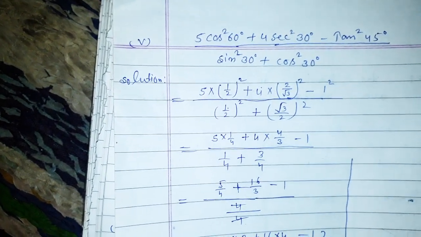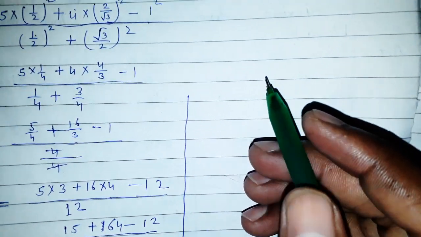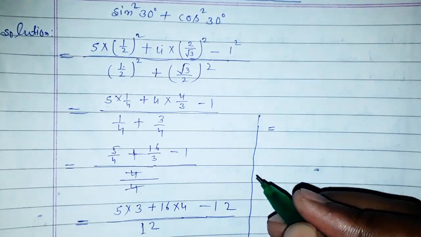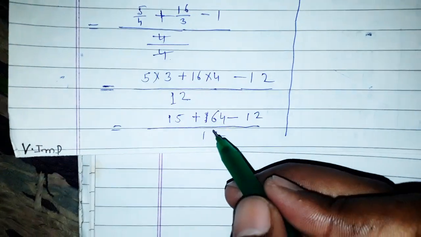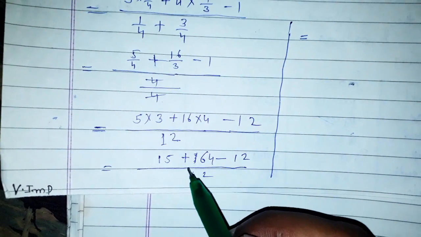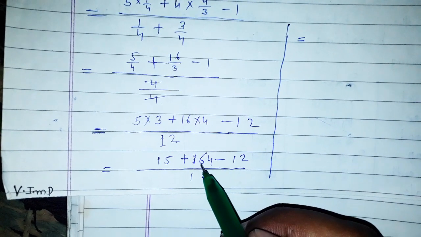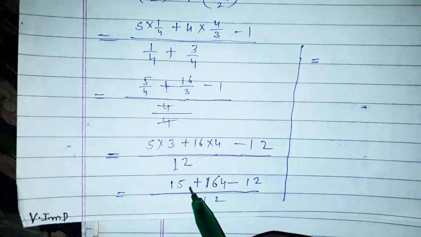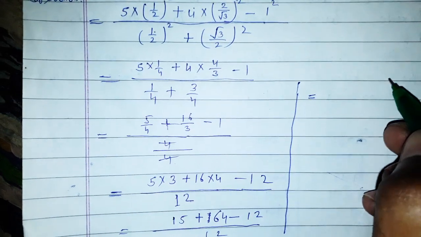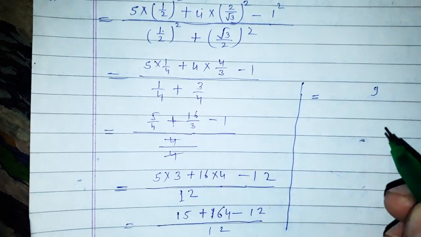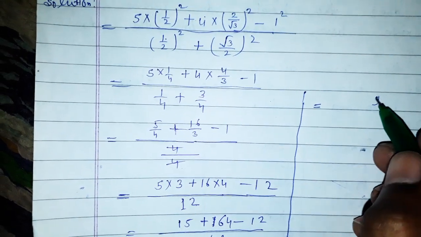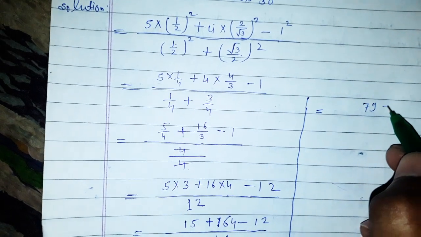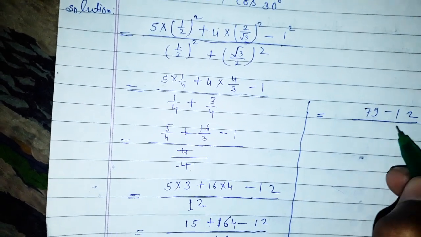Now this is total 15 plus 64 minus 12 upon 12.